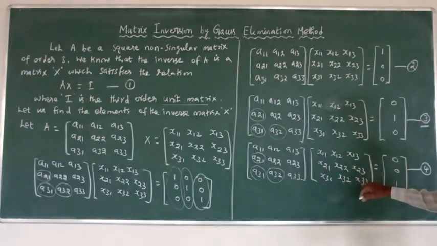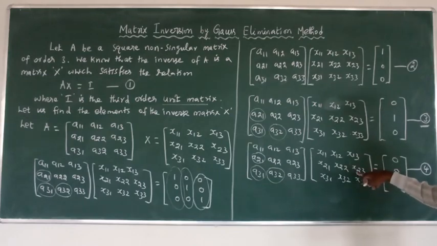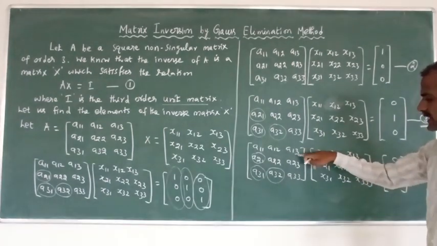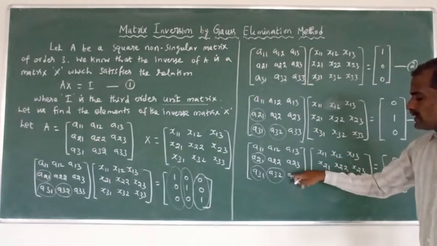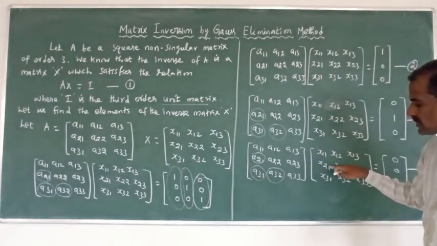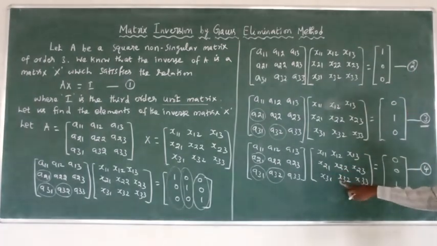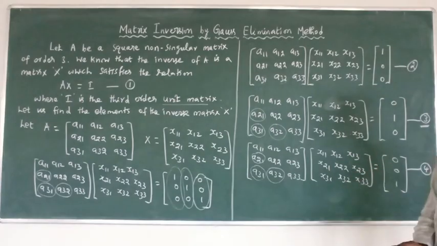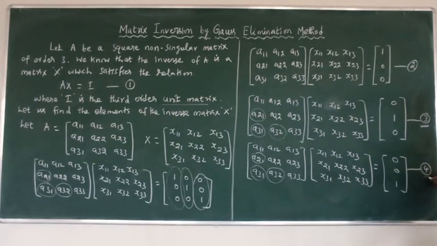We will get the results X33, X23, X13 by using three equations. Solving these three equations from equation 4, we get X33, X23, X13.